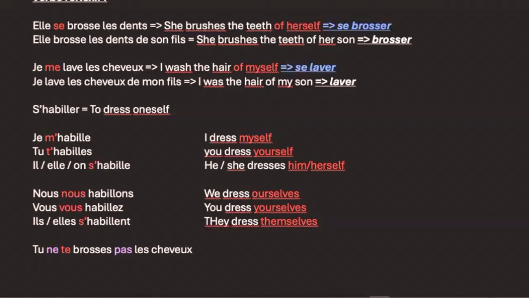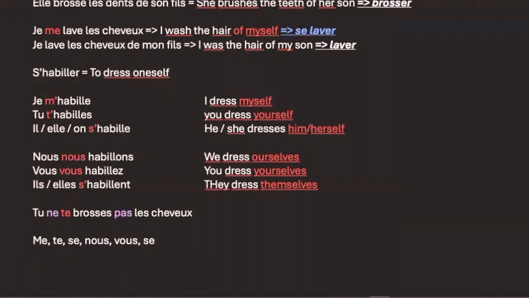Remember, it's happening to yourself, and the conjugation is going to be the same, except that you need to add the pronoun before, between the pronoun subject and the verb, okay? And the list of the pronouns is going to be me, te, se, nous, vous, se. Okay? So your sentence is going to be je me blah blah blah.